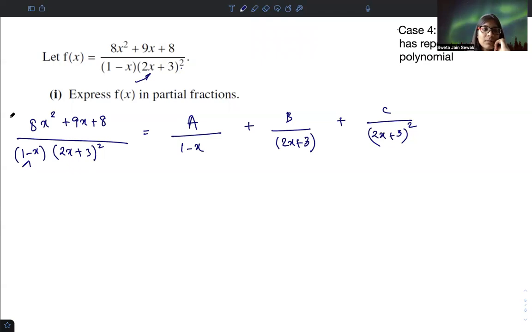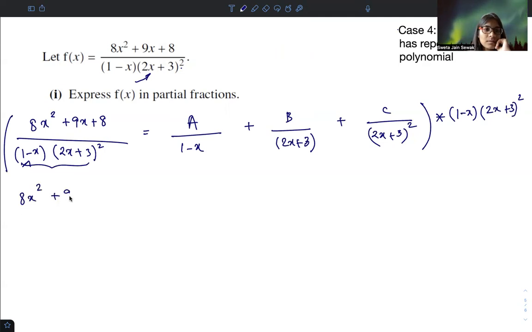We can use elimination, or we can use some other easier way. So let's multiply both sides with this entire denominator, 1 minus x and 2x plus 3 squared. On the left hand side, we're only left with 8x squared plus 9x plus 8.